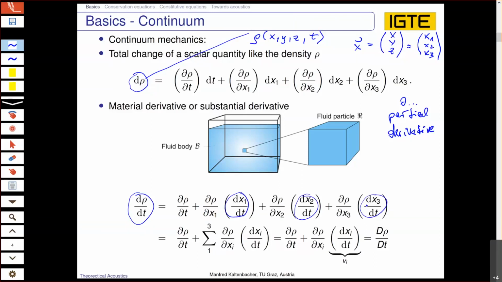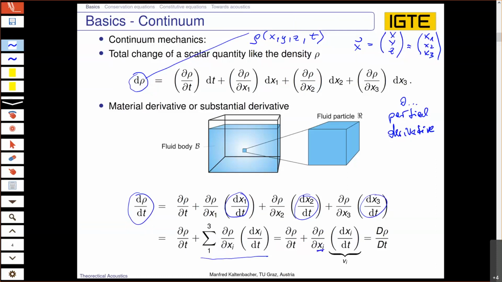And that is why we can now write it in such an index notation, where we still write the sum, and in the next step we just neglect the sum, because in index notation it is then just a derivative of the function with respect to x_i.